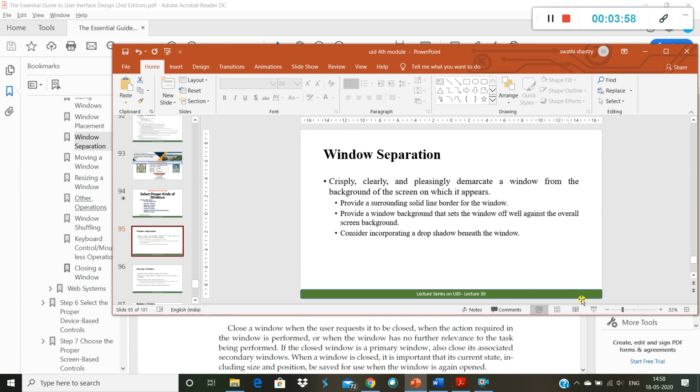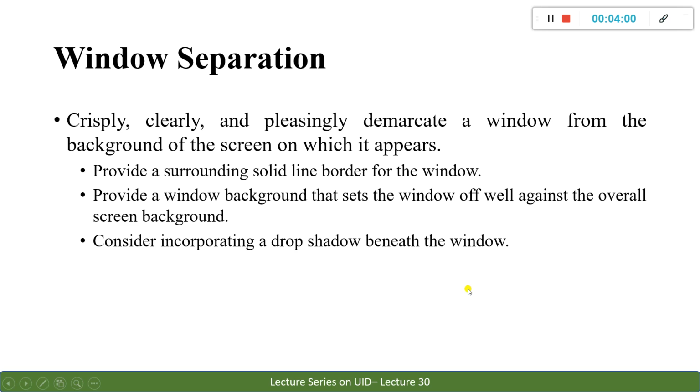This solid line border of a window demarcation is important. You can also provide a window background that sets off the window well against the overall screen background. Whatever window background you have and the previous background should be of contrasting colors. That is also a kind of separation that you can provide.